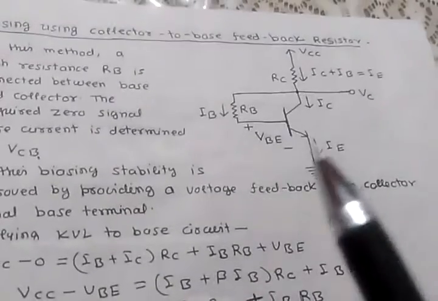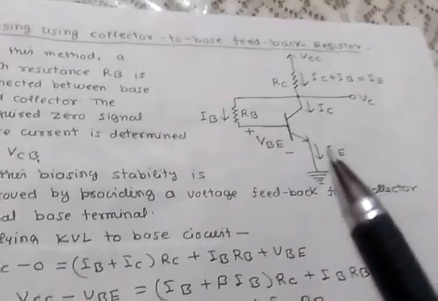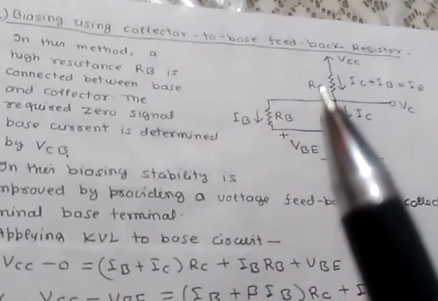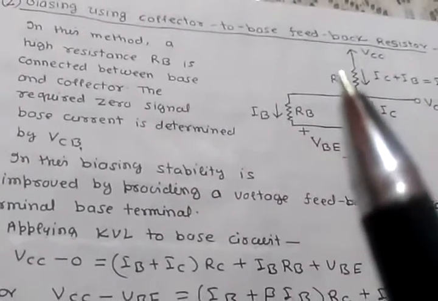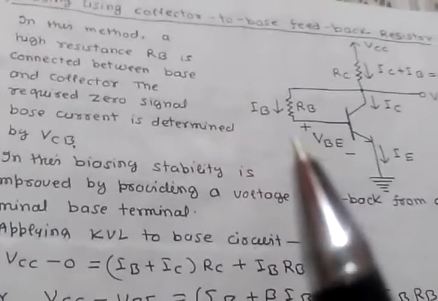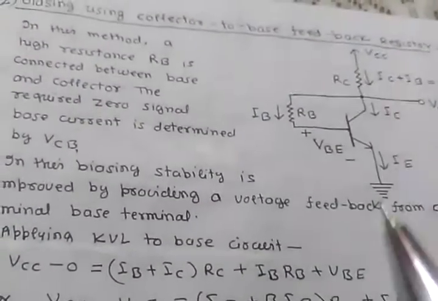Now we will analyze this circuit to find the currents and voltage. To find current, we will use the input circuit. Input circuit includes RC, RB and VBE. So the voltage across RC plus the voltage across RB plus VBE is equal to VCC minus 0.